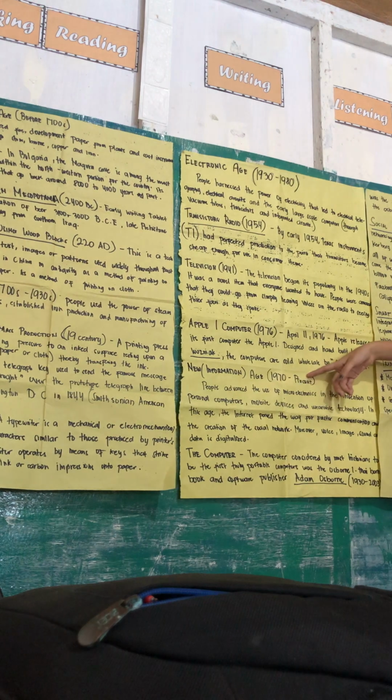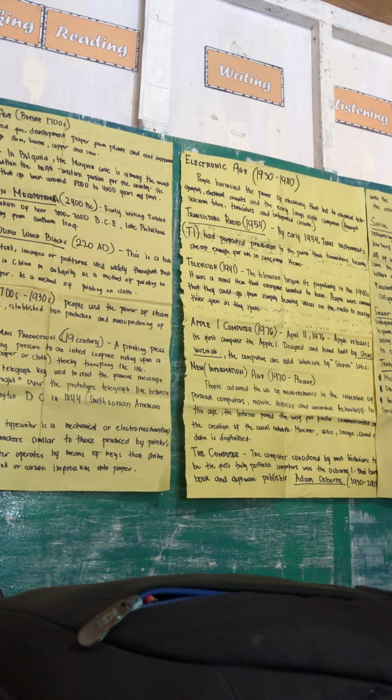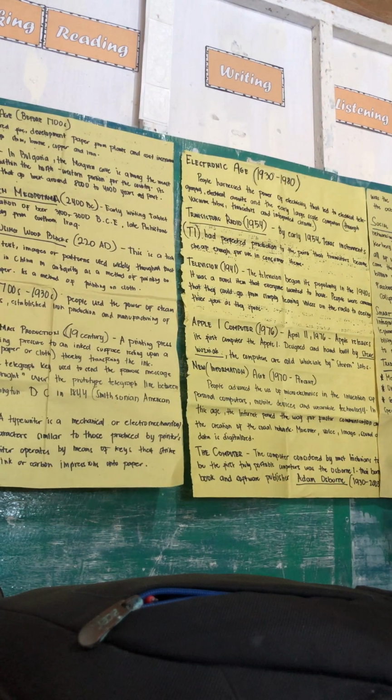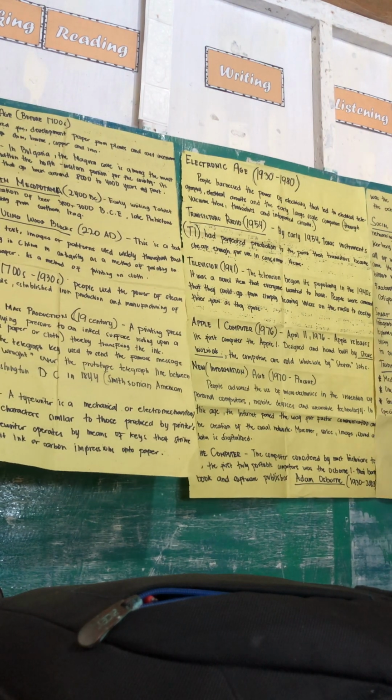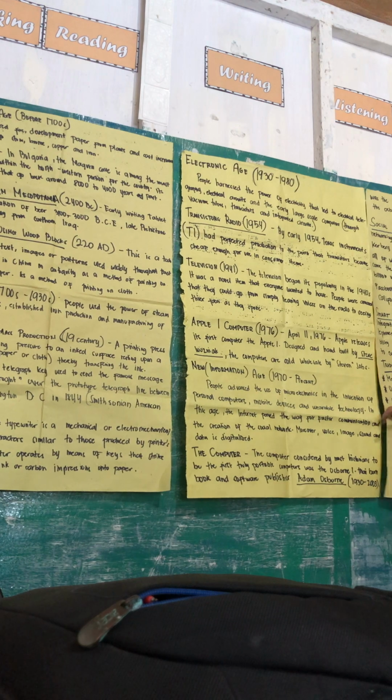So, in this age, the new information age, in 1970 hanggang ngayon or present, people advanced the use of microelectronics in the invention of personal computers, mobile devices, and wearable technology.